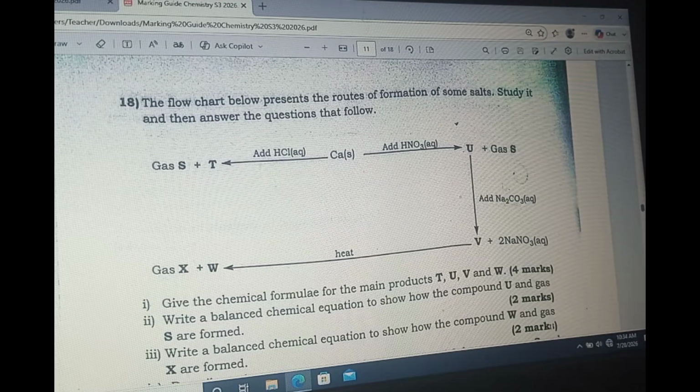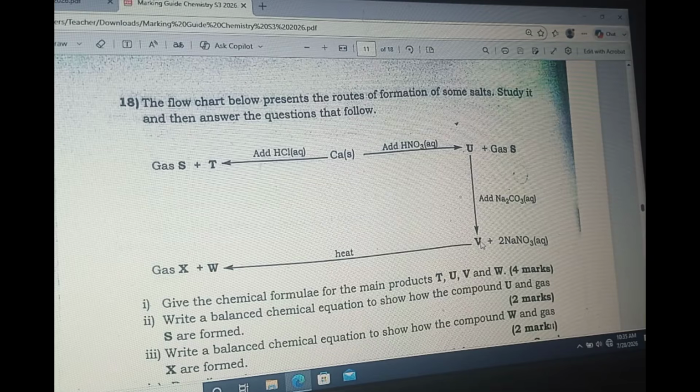If you take calcium nitrate and react it with sodium carbonate, this is a double displacement reaction, which means the calcium nitrate changes to carbonate, and we get calcium carbonate and sodium nitrate.